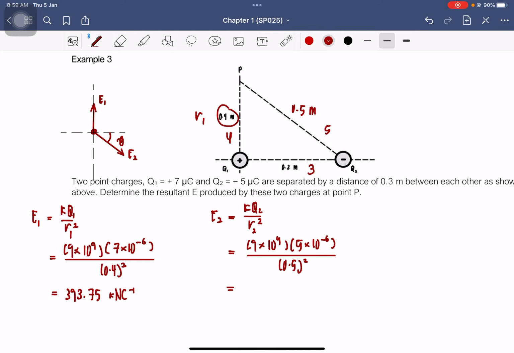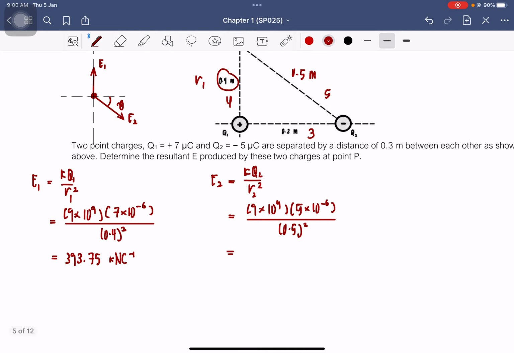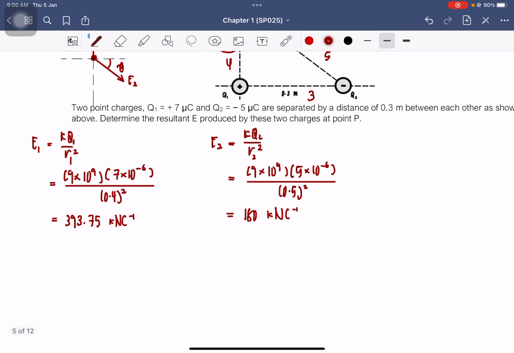If you don't remember that, you can also just calculate the value using trigonometry. Next, just calculate that. You'll have 180 Newton per coulomb.